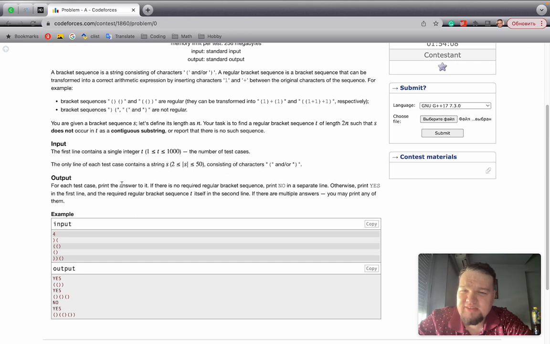Also, I assumed that n is given, but oh right, n is the length of S. Okay, so n is given.